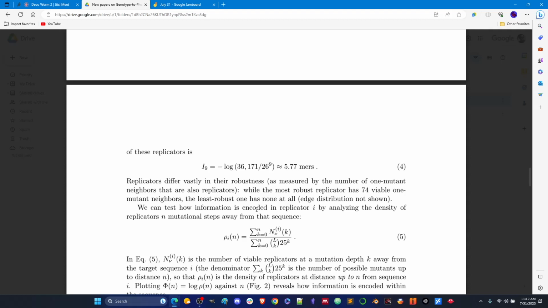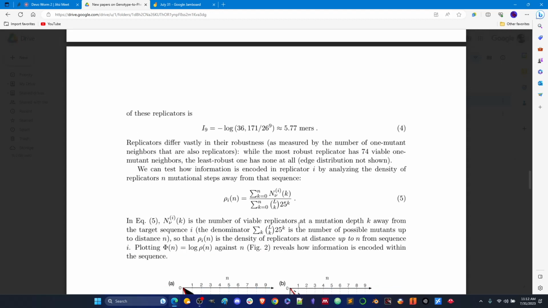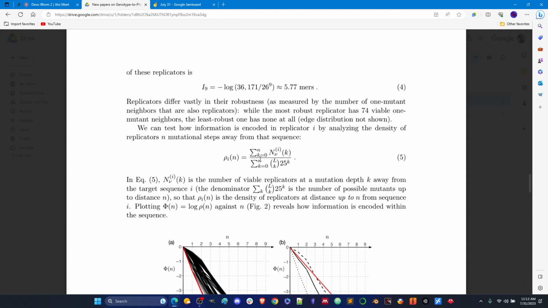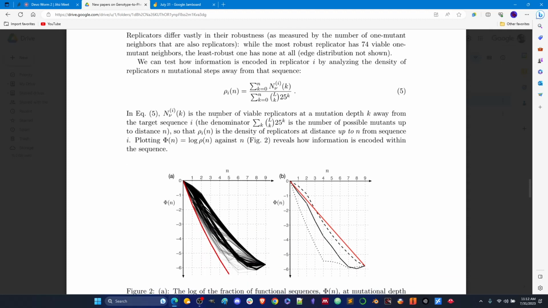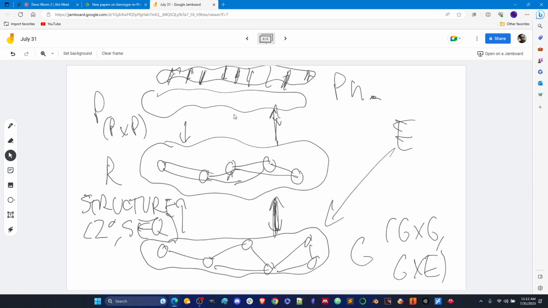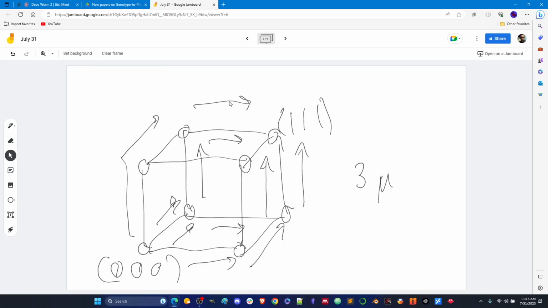We can test how information is encoded in replicator I by analyzing the density of replicators and mutational steps away from that sequence. So this gives us this equation here. And then in equation 5, there's a number of viable replicators at mutation depth k away from the target sequence I. So we go back to this cube, or this hypercube analog that I mentioned before.